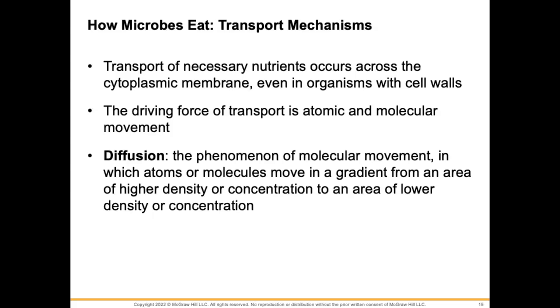And people may say, well, that's a liquid. But we're talking about the solids in it that create the scent. So diffusion is basically the movement of solids, and they move in a gradient from an area of high concentration to an area of low concentration.